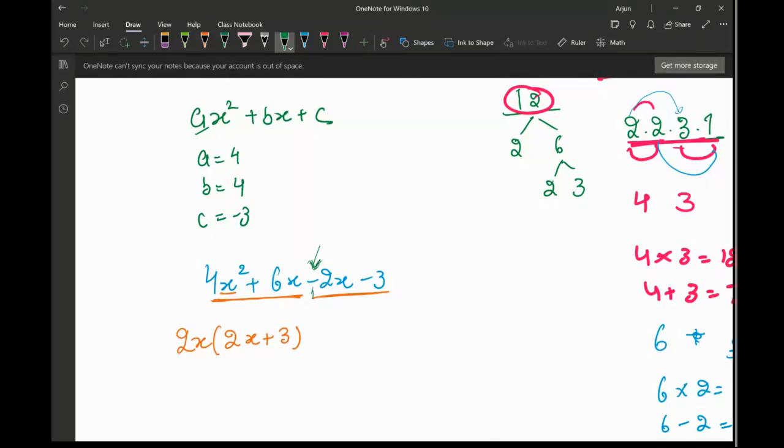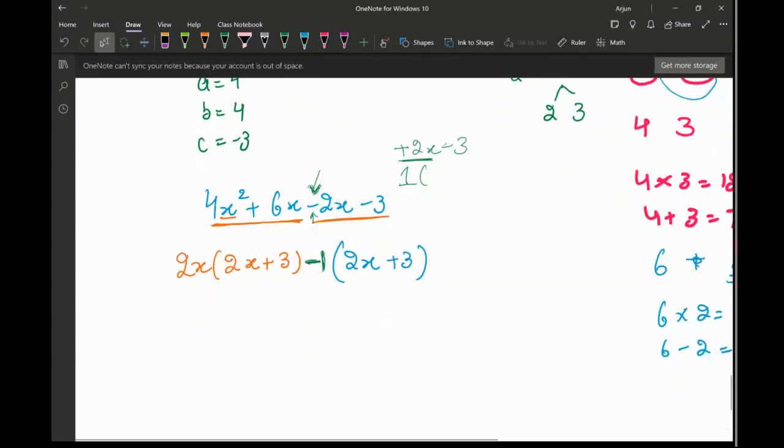If there was a positive here, like plus 2x minus 3, I would have just taken 1 outside. Now this is negative, so I'll take the negative 1 outside. Whenever you take the negative 1, the sign inside will flip. Now this will be 2x plus 3.